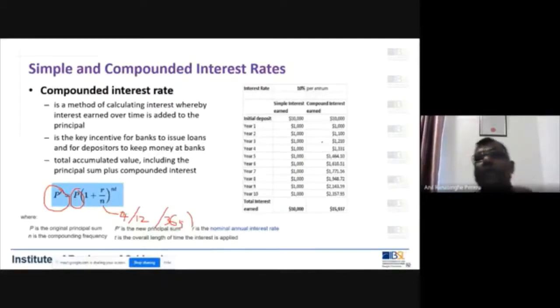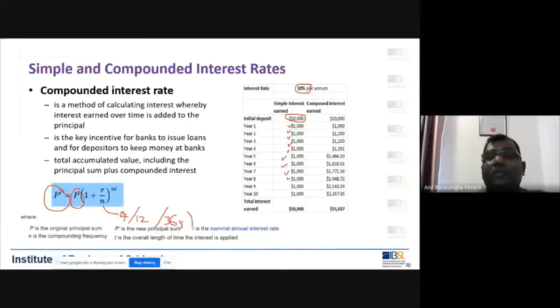Okay. So here we have a simple example to understand these two. Let's say you have an investment of 10,000, right? And you are having two options. One is having a simple interest rate. So what you get every year, at an interest rate of 10%, out of 10,000, you get 1,000 as your interest earnings.